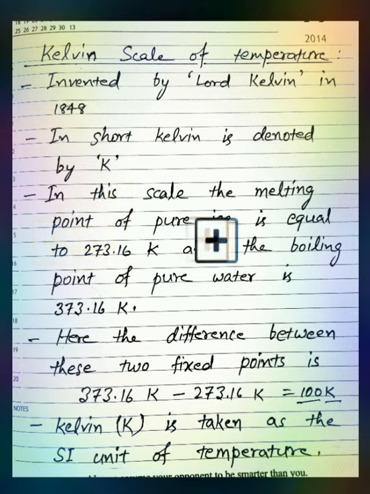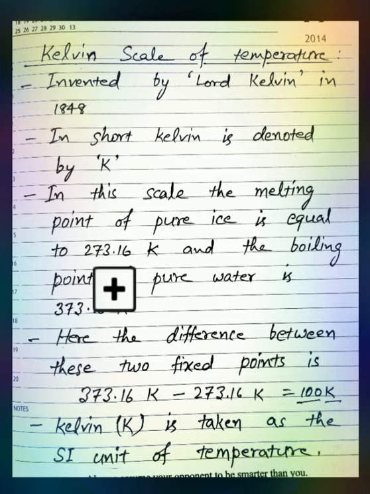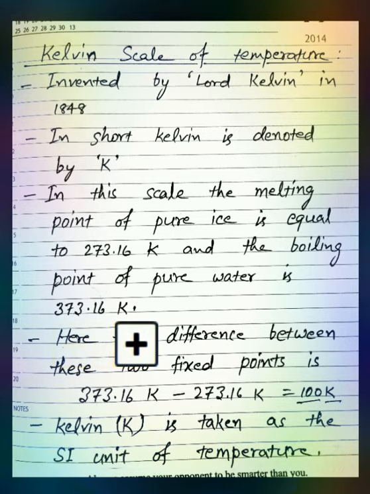In this scale, the melting point of pure ice is equal to 273.16 Kelvin, and in some books 273.15. Approximately you can take 273 Kelvin. And the boiling point of pure water is 373.16 Kelvin, or you can say 373 Kelvin approximately.